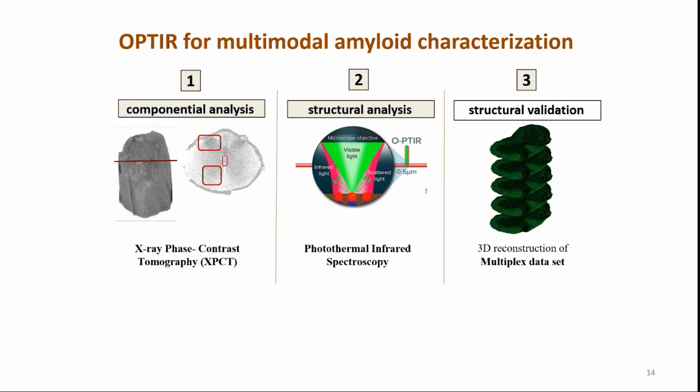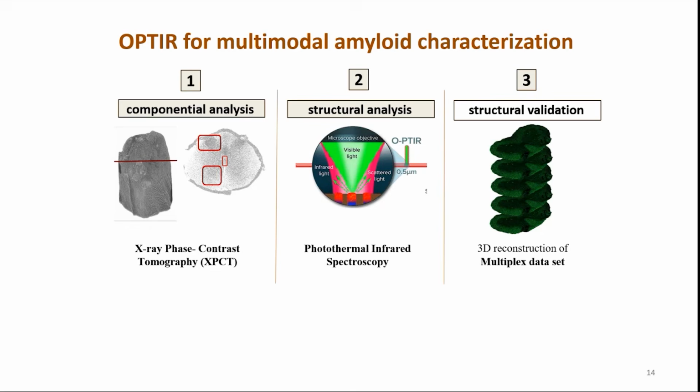Together with Professor Chen, we have an incredibly interesting project. We look at the tissue, and we use a multimodal approach. Using nanotomography, we look for an area of interest in the spinal cord, and when we find our area of interest, we slice the tissue and start tissue analysis.